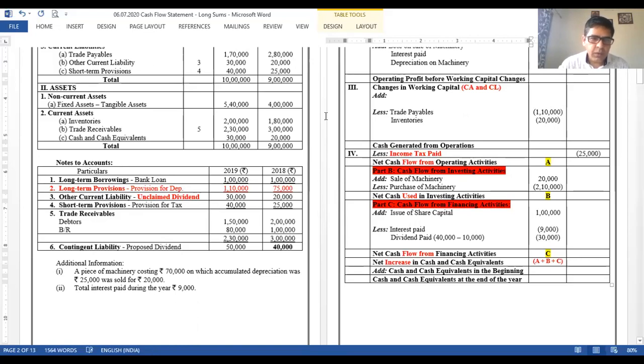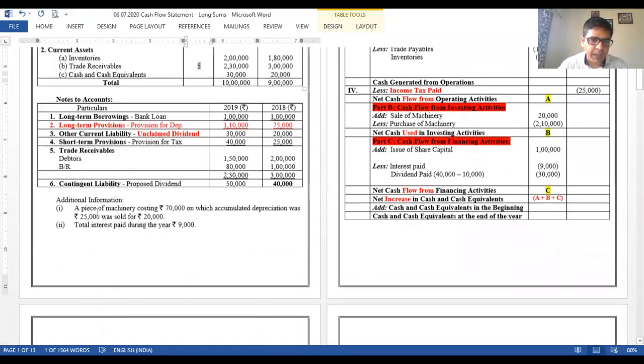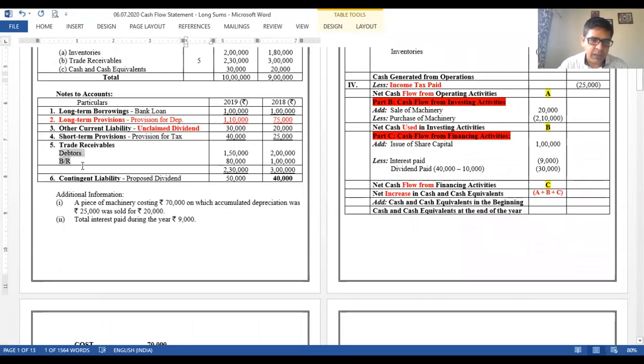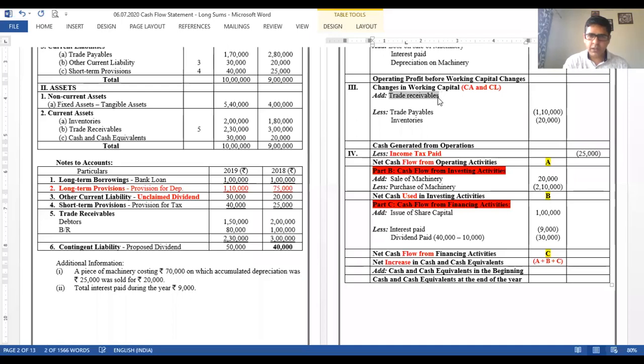Okay. Trade receivables, note number 5. Let us go to note number 5 and we can see over there two amounts are given, debtors and bill receivable. So we need to give the effect individually. Debtors, earlier it was 2 lakh and now it is 1,50,000, right? So debtors have decreased, asset decreased, that means it's inflow of cash. So working capital to be added, trade receivables, and the amount we can see over there is 50,000.